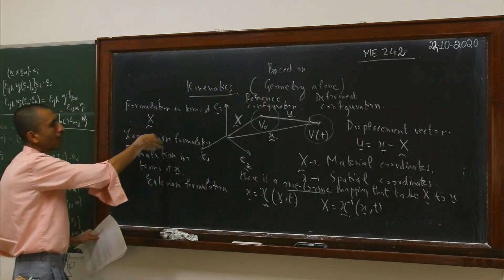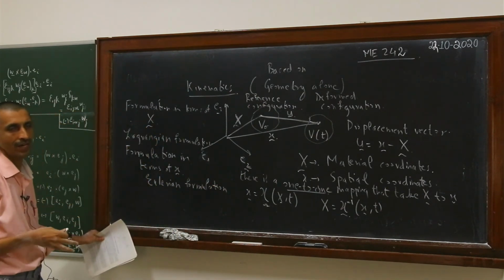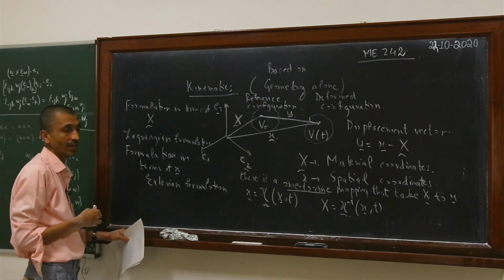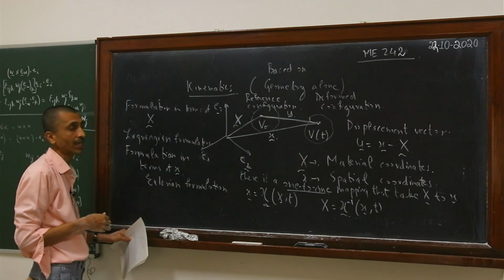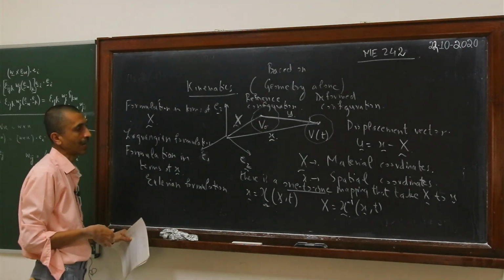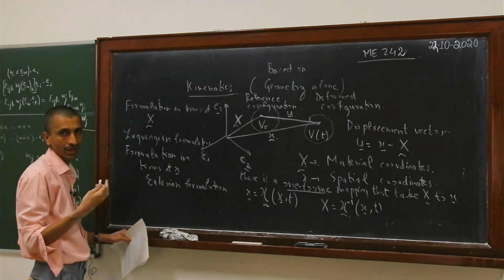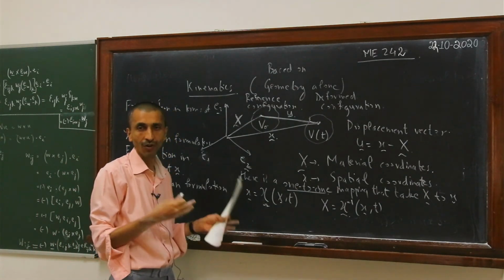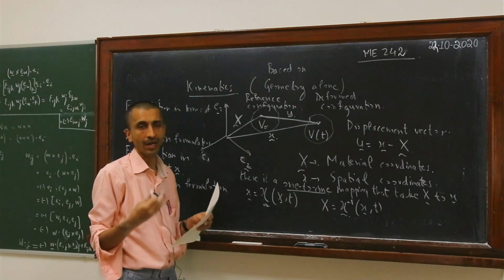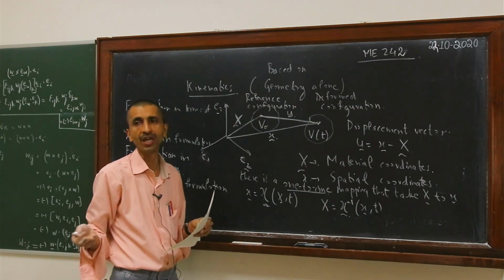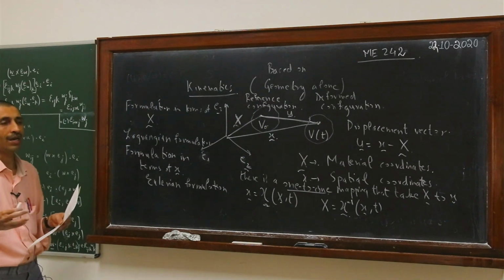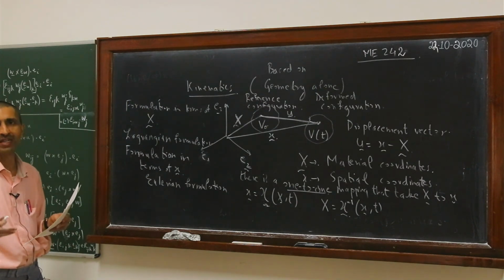So in honor of Lagrange and Euler, right, they were applied mathematicians who did very pioneering work in the field of mechanics. All the mechanics that we are learning today is primarily due to the work of, starting from Newton, then Lagrange, Euler, Cauchy, and so on. Lots of scientists, but primarily done in the 17th, 18th, 19th century.